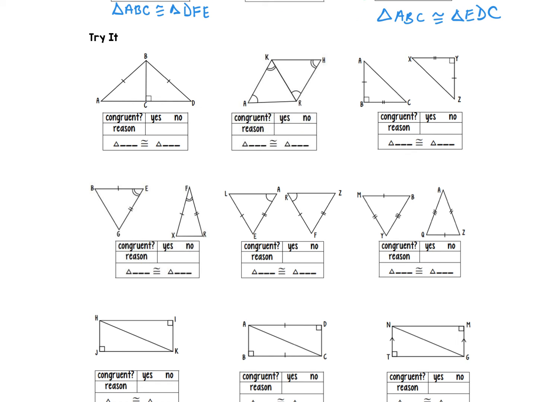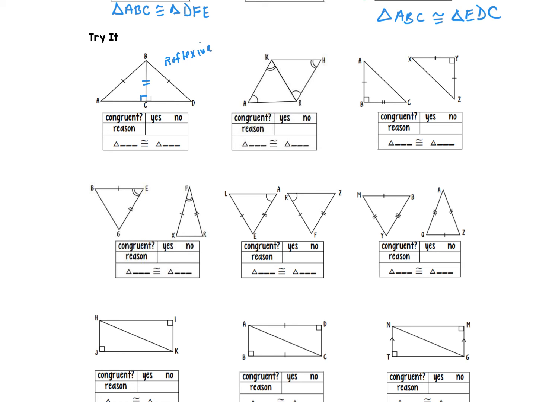All right, in the try it problems, we're going to mark some congruent things. Okay, first of all, what I noticed in this first problem is that we have a right angle. So I'm also going to mark the angle next to it as a 90-degree angle. When triangles are back to back like this, we can use the reflexive property to mark that shared segment equal to itself. You might be tempted to say angle, side, side, but we don't have an ASS postulate, remember that.